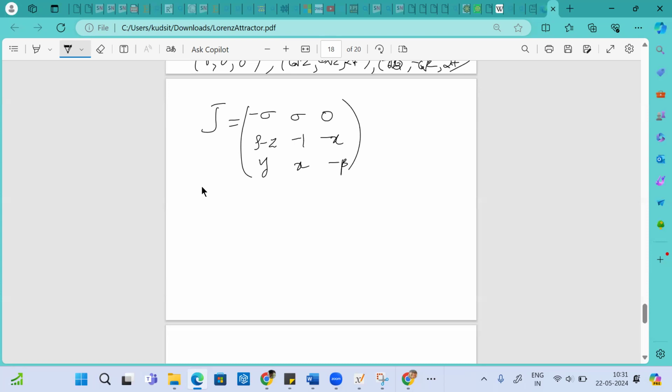We can find the eigenvalues by the determinant of J minus lambda I equal to 0. Then substitute the values of sigma, beta, rho, x, and y.